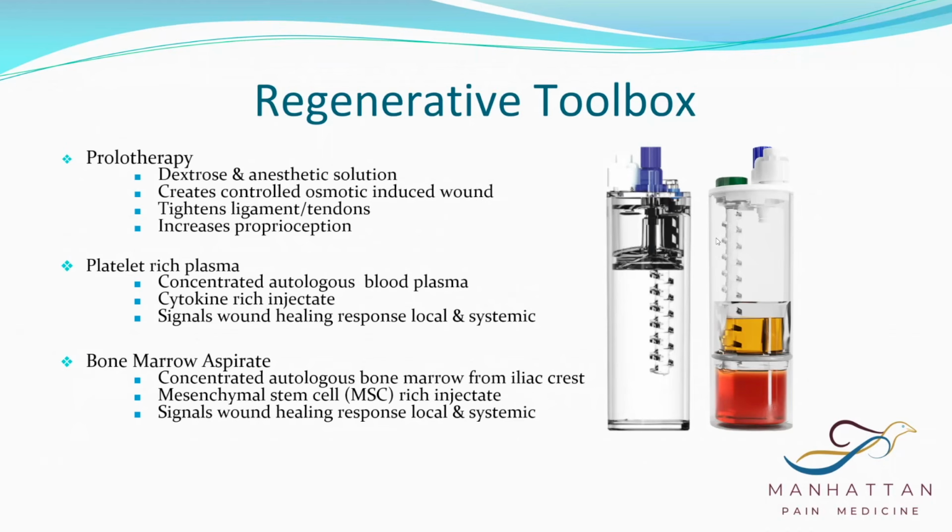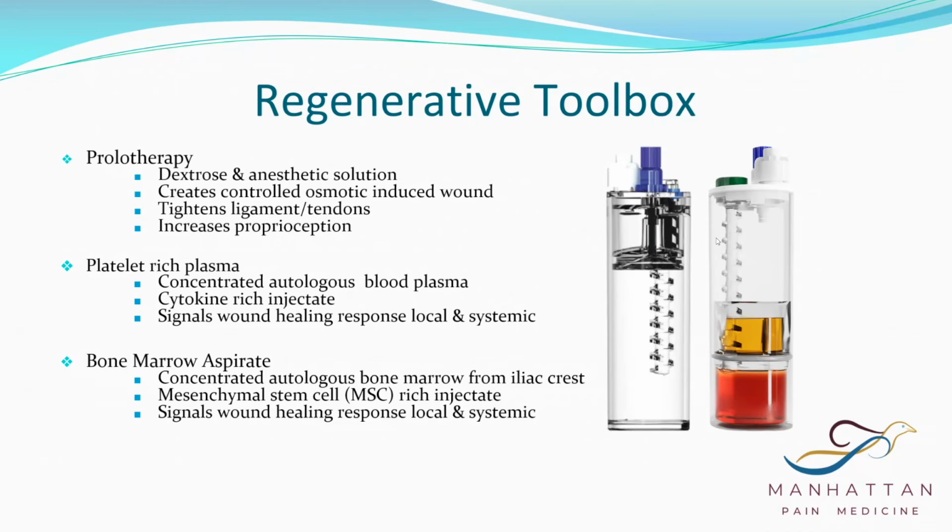Next, we have platelet-rich plasma. This is where we take blood from the patient, their own blood, and spin it down in a centrifuge in order to get a solution that's rich in cytokines and platelets, and we inject that back into the joint, tendon, or ligament. And again, that stimulates a wound healing response in a bit of a different way.